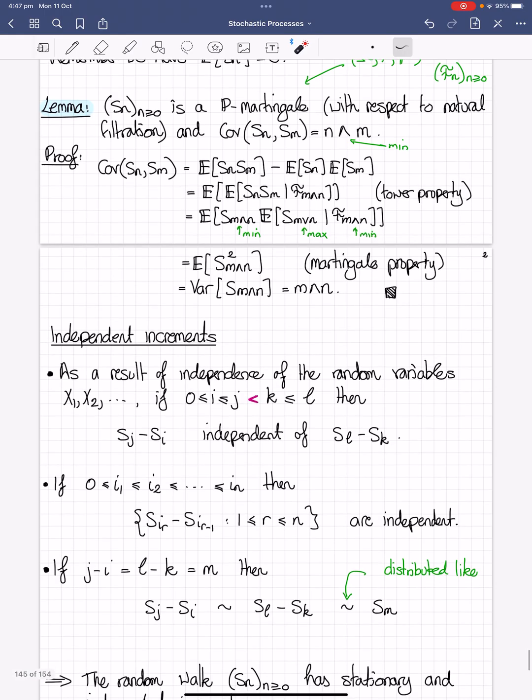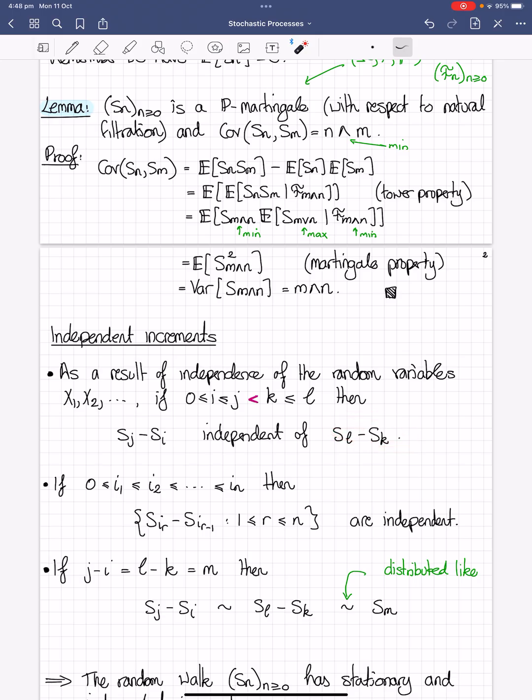Now, the interesting property of random walks is that, as a result of the independence of the increment random variables, if we have i less than or equal to j and k less than or equal to l, such that i and j are strictly less than k and l, then the increment Sj minus Si is going to be independent of the increment Sl minus Sk.